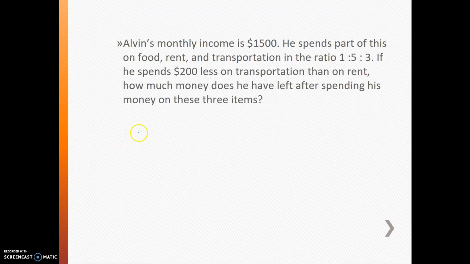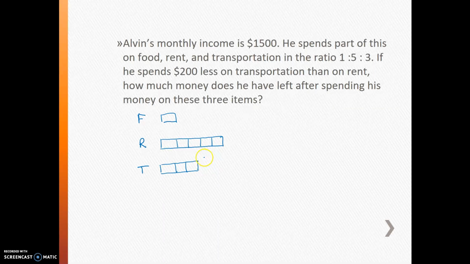So let's see. Okay, we've got food, we've got rent, and transportation in the ratio of 1 to 5 to 3. Then it says if he spends $200 less on transportation than on rent, and let's just stop there and label these 2 units right here with $200, because those are the 2 units that he spends more on rent than transportation.